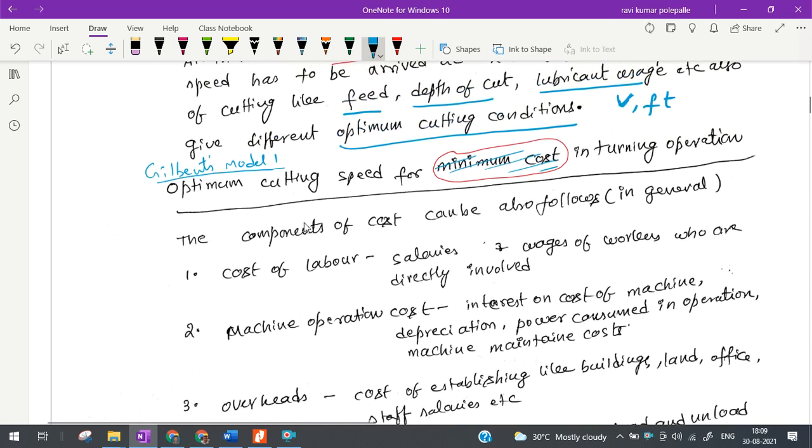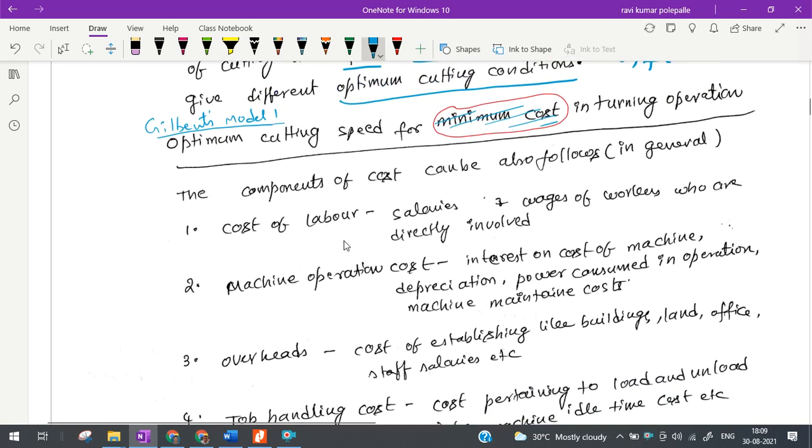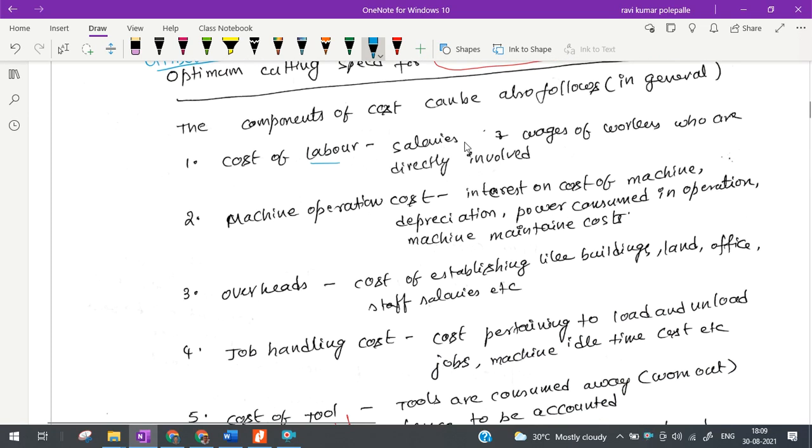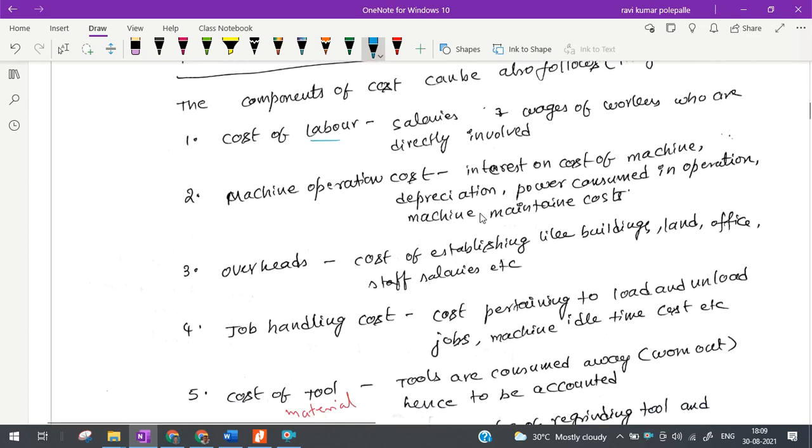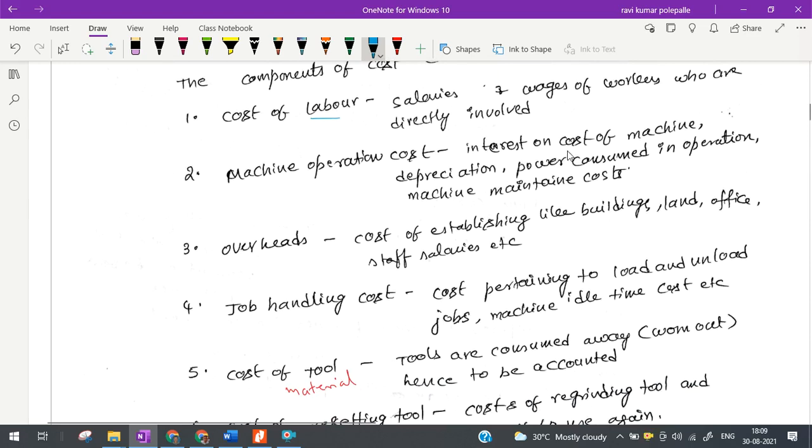Let us first discuss what are the costs that are involved in a turning operation. First one, labor cost, which may include the salaries or rather wages of the workers who are directly involved. Machine operating cost: this includes interest on the cost of the machine, depreciation, power consumed in operation, machine maintenance cost.